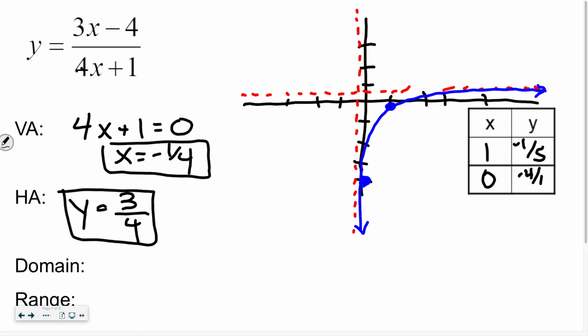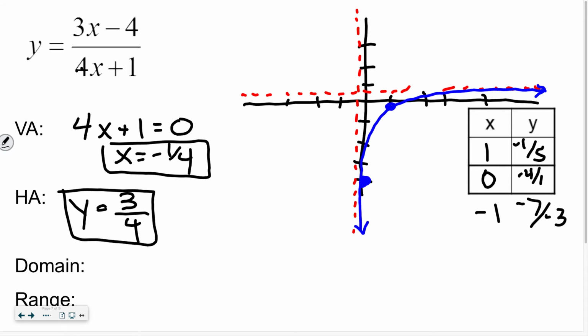Now I need to get some points on the other side. What might you use on the other side of your vertical asymptote? X equals -1, sure. Okay, so that'd be -3 minus 4 is -7. And -4 plus 1 is -3. Okay, I don't even care what -7/3 is. All I need to know is that this is a little bit more than 2, right?